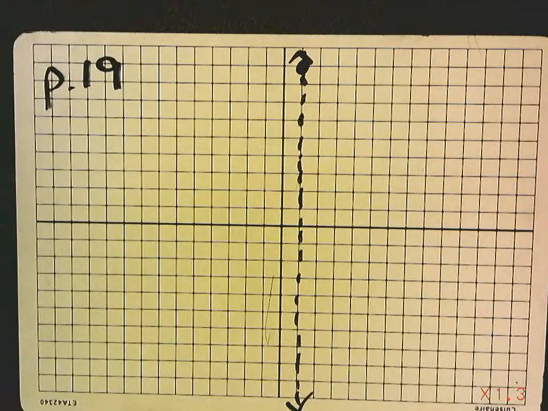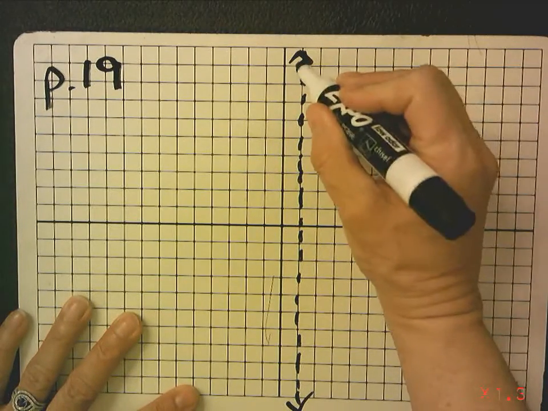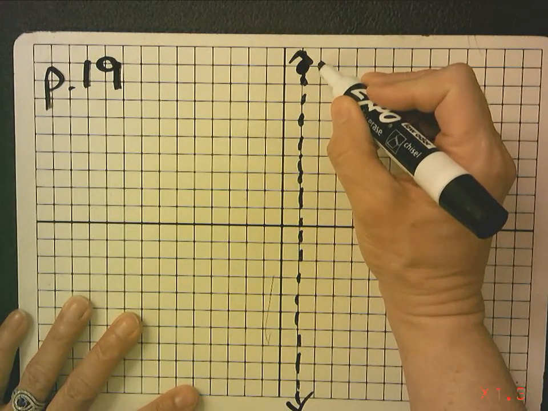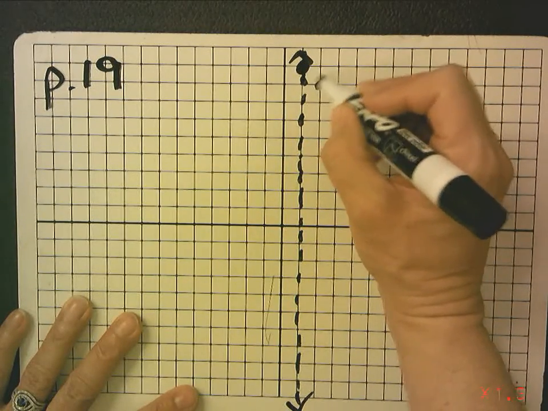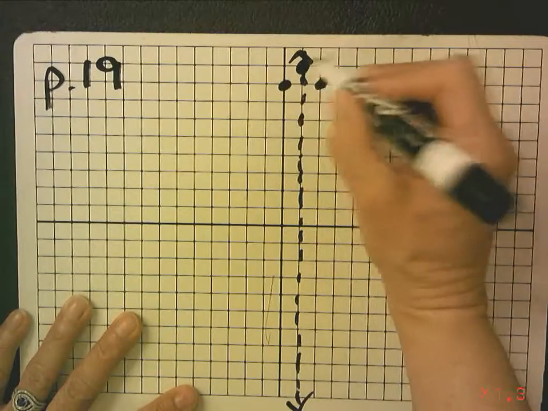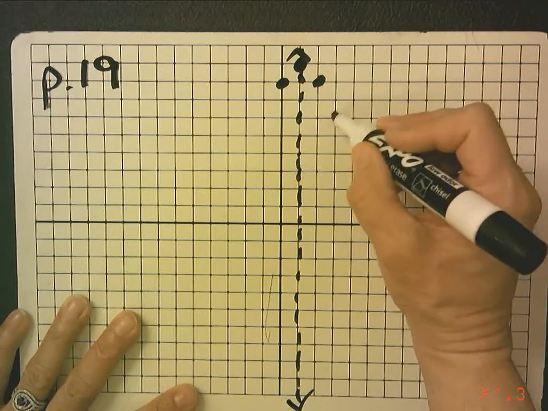Now, I can graph this by counting, or I can graph this by making a table. So I'm going to try the shortcut method, which is counting. Now, a is negative 1. So if I go over 1, I go up 1 times a, but a is negative 1, so I go over 1, down 1, over 1, down 1. Over 2, up 4 times negative 1, which means down 1, 2, 3, 4.